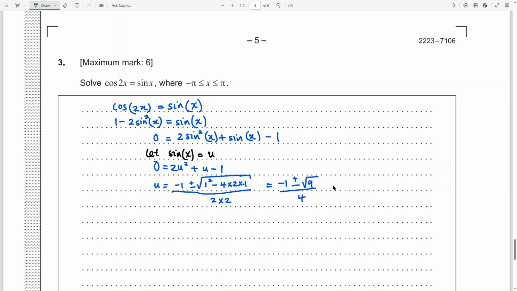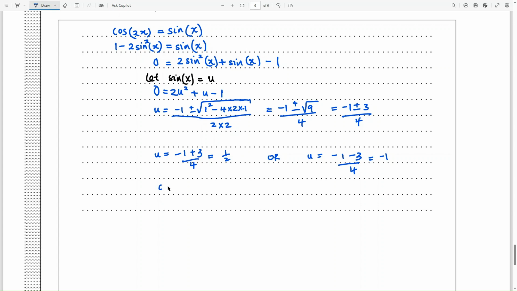See, way better, not so bad. Even if you don't have a calculator, we know that the square root of 9 is 3. So the two solutions could be negative 1 plus 3 over 4, which would be a half, or negative 1 minus 3 over 4, which is negative 1.